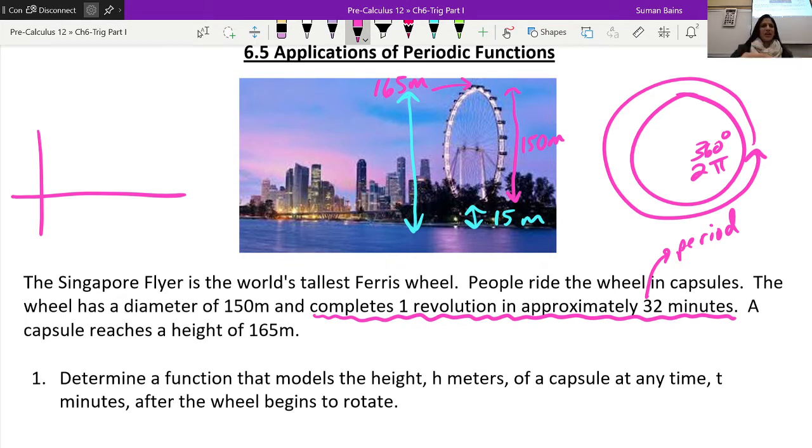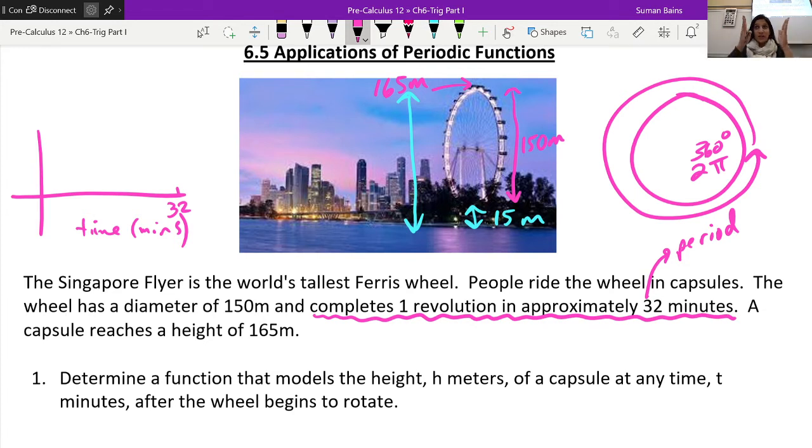So I want to draw this. At the bottom would be the time in minutes. We already talked about how one rotation would be 32 minutes. So I want to look at one period. You know how it keeps going and follows that pattern?